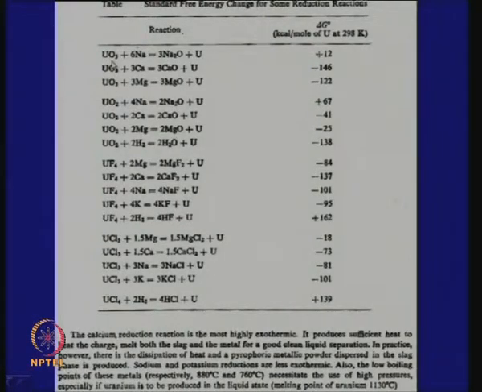Now, in theory, once you have the chloride or fluoride, you can go for metallothermic reduction. You can go for metallothermic reduction of the oxide also, like in the case of ferroalloys, you will remember. In ferroalloys, when we produced by carbon reduction, there was a danger of carbon contamination.